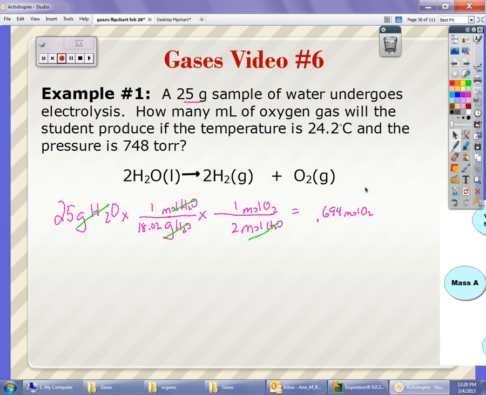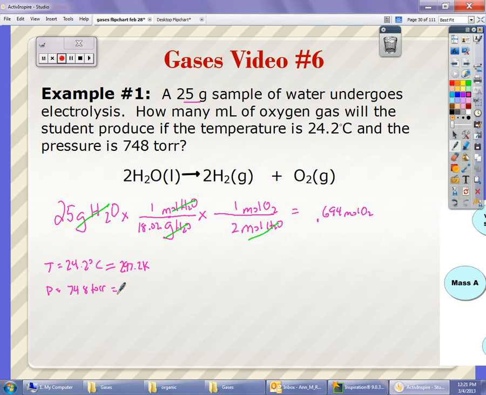We have the following things. Our temperature is in degrees Celsius. We will convert this to Kelvin by adding 273, which gives us 297.2 Kelvin. Our pressure is 748 torr.